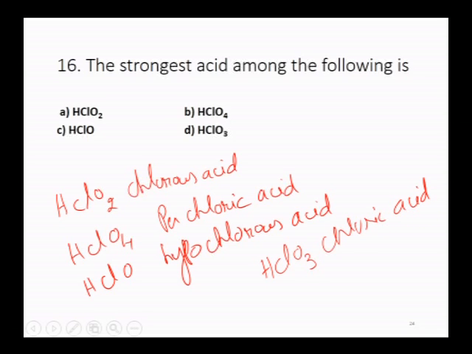Among all the four, the chlorine oxidation state is maximum in HClO4. As you know, in the calculation of oxidation state, hydrogen is plus 1, oxygen minus 2 into 2 is minus 4. So left out is chlorine, which is plus 3 in chlorous acid.